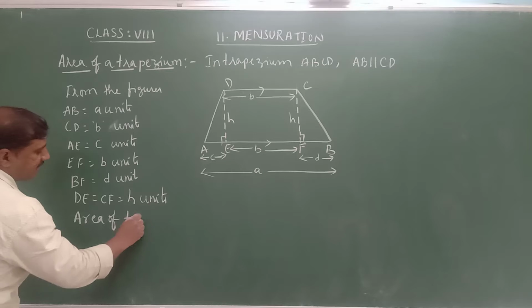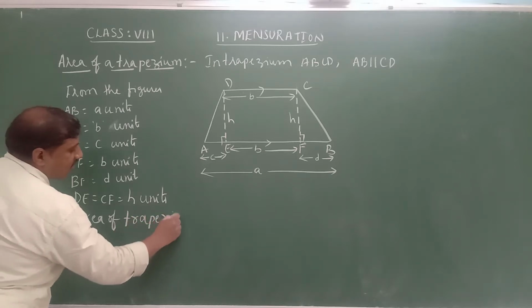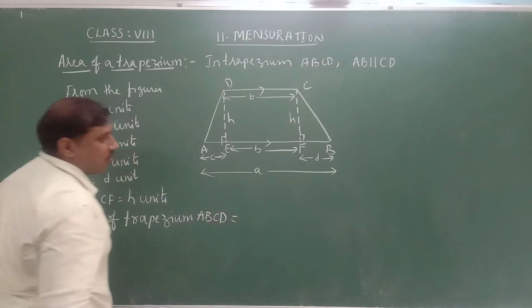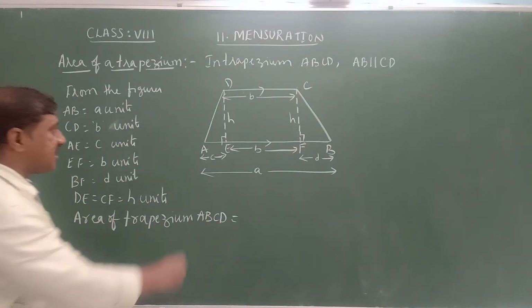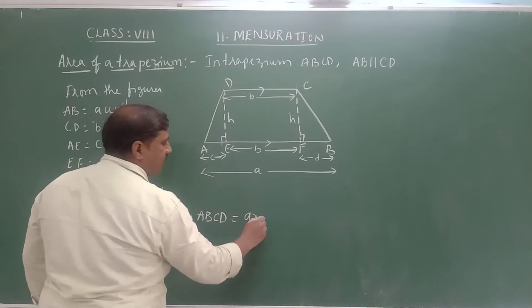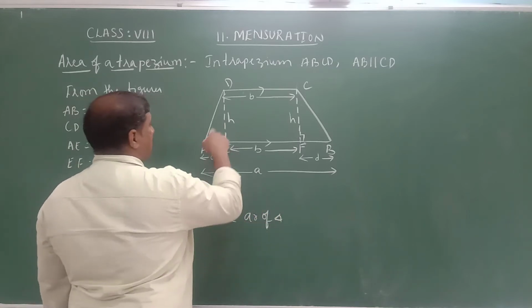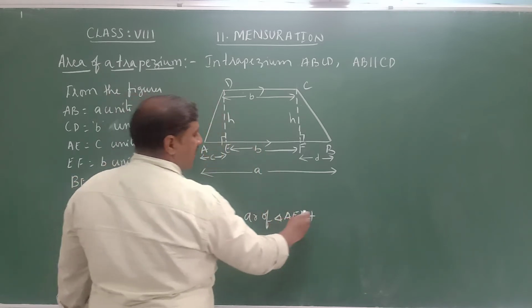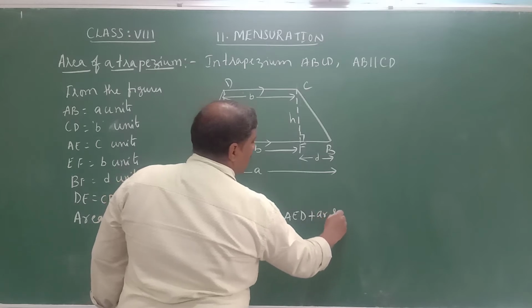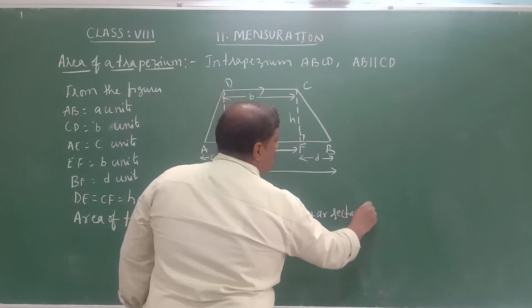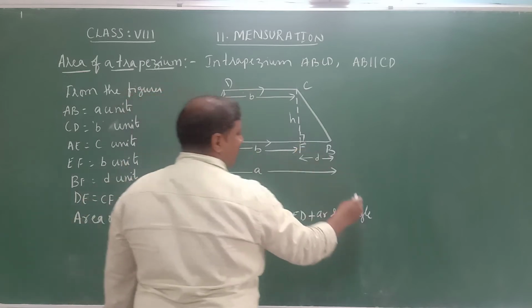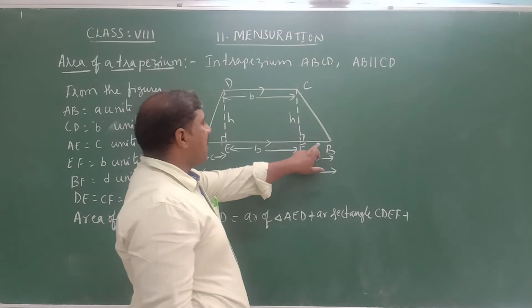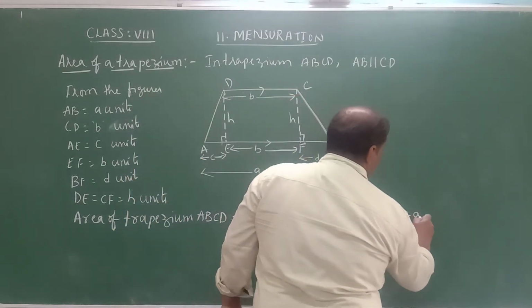Now, area of trapezium ABCD is equal to area of triangle AED plus area of rectangle CDEF plus area of triangle BFC.